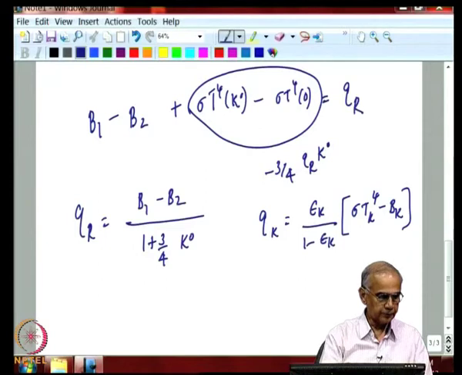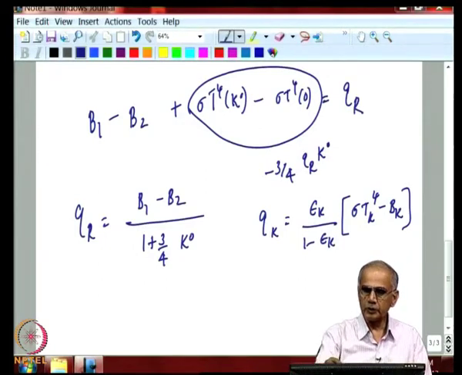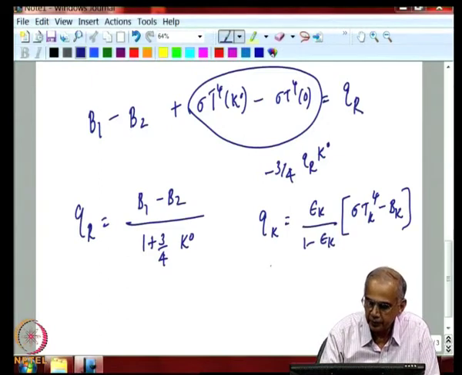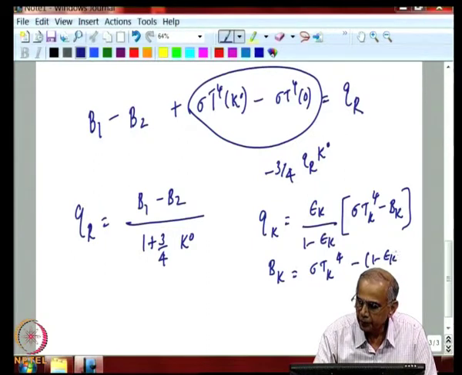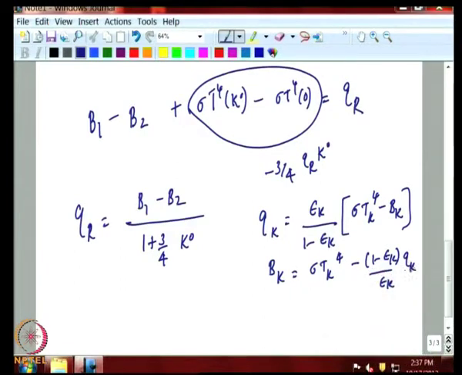We use this result for the two walls. So, we can write this as B k equal to sigma T k to the power of 4 minus 1 minus epsilon k times q k. So, this is applied to the two walls.